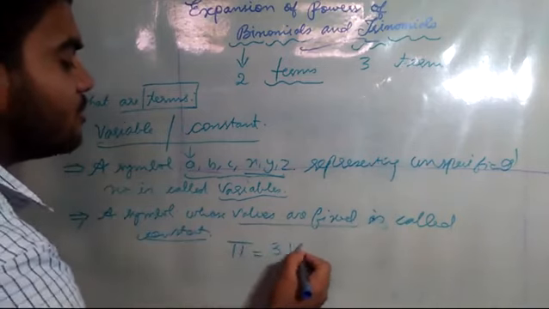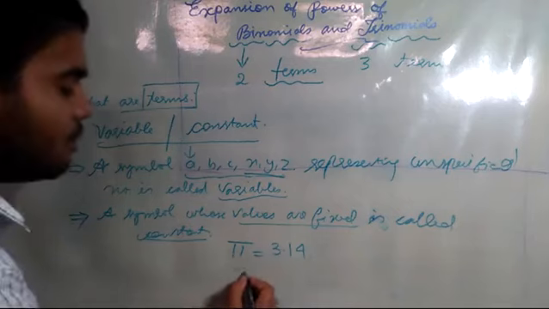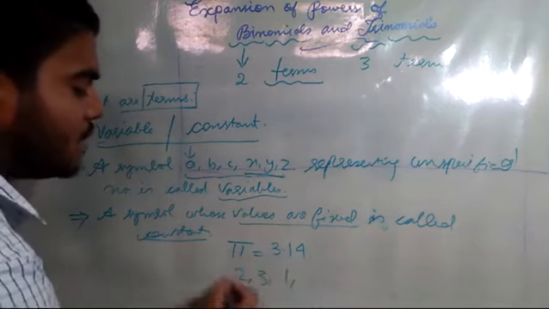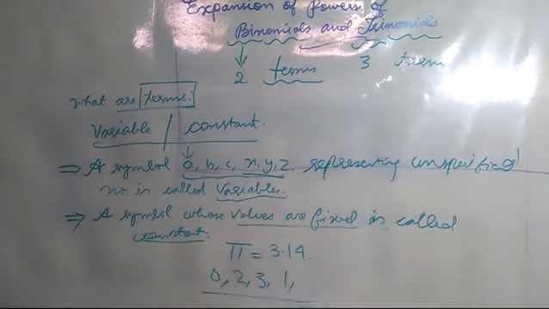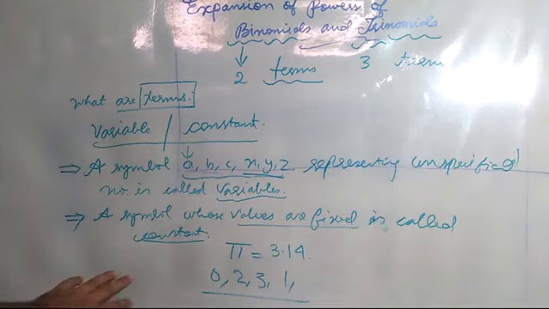Pi is 3.14. Take number 2, 3, 1, 0. All these are symbols only. They are digits. They are symbols. Different designs. So they will be called as constant because these values are not going to change anywhere. It will remain always same. So these are called constants and these are called variables.